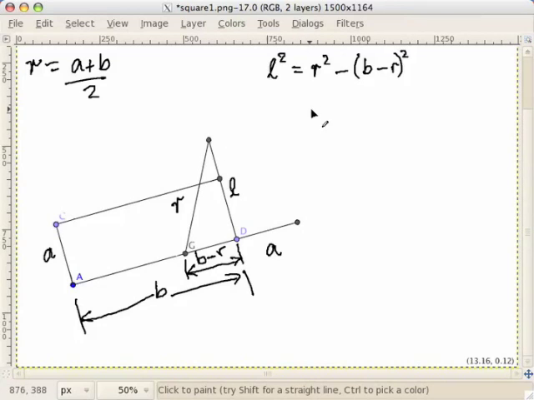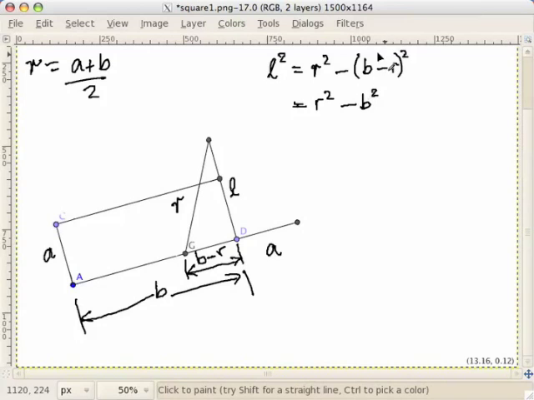Remember that we've really got a square sitting out here. So if L is the side of the square, L squared would be the area of the square. Let's see if we can simplify this one a bit. Notice when I expand this out, I'm going to get R squared minus B squared.